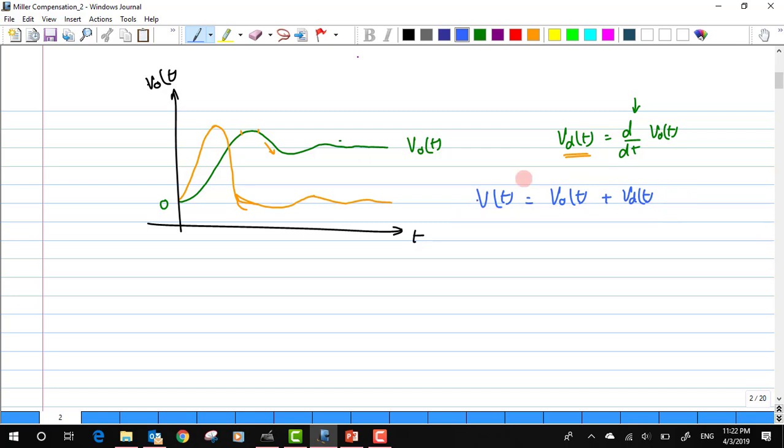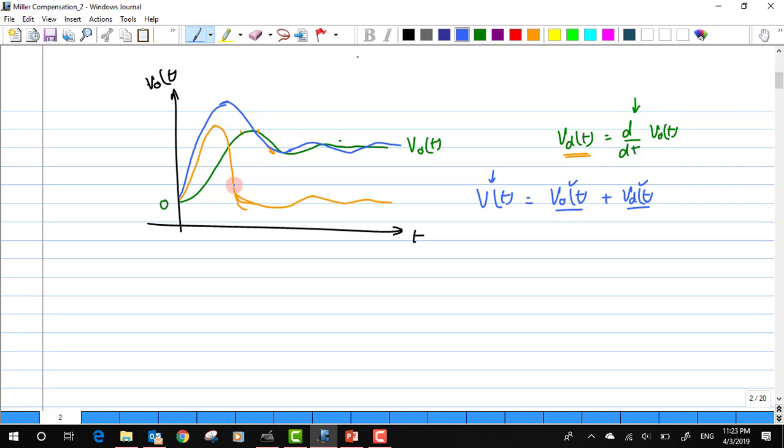So generally the response is a combination of both V naught of t and Vd of t, right? Let me draw this total response just by adding both these responses. When I add them, the magnitude would rise up to a large value, and after that the response would step down.